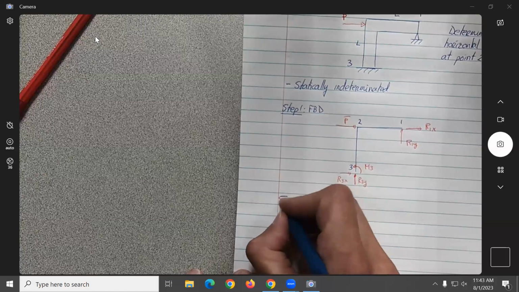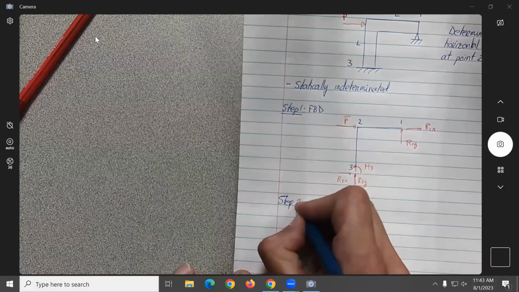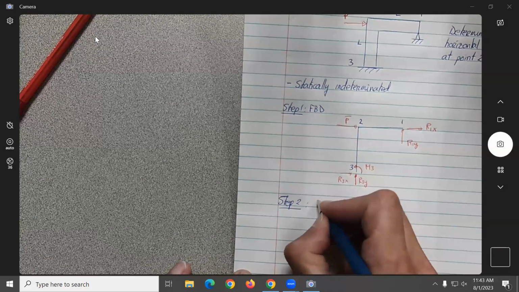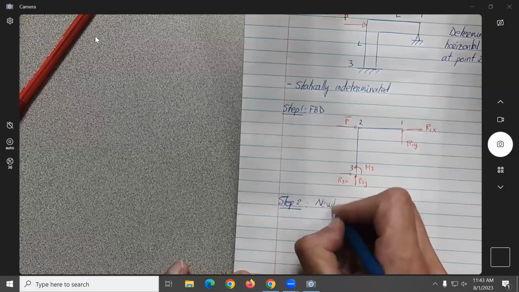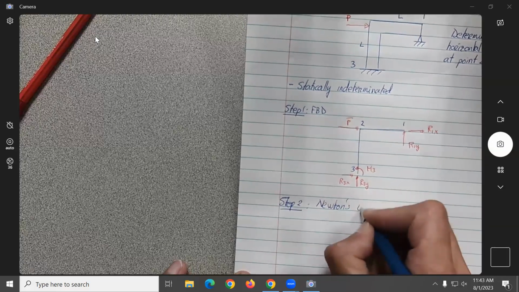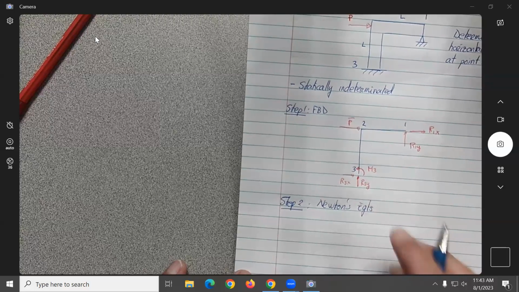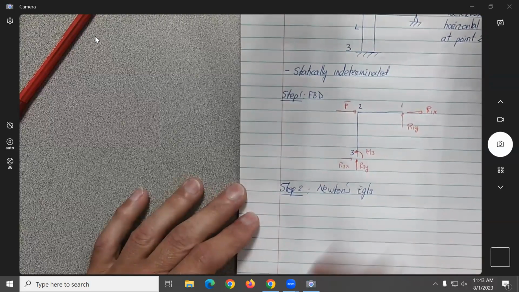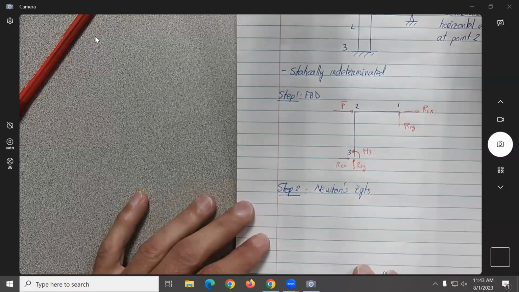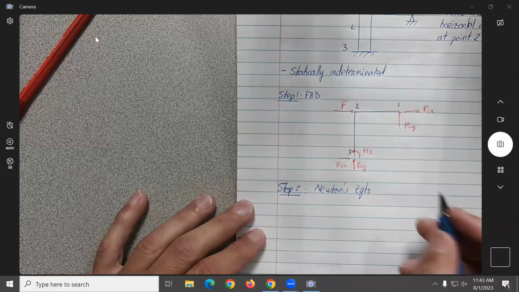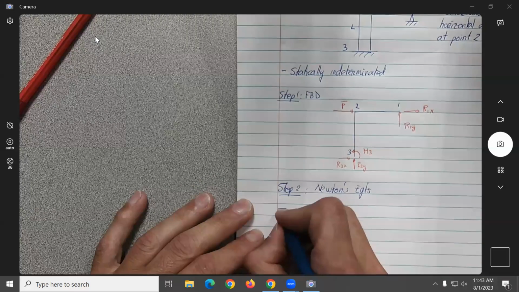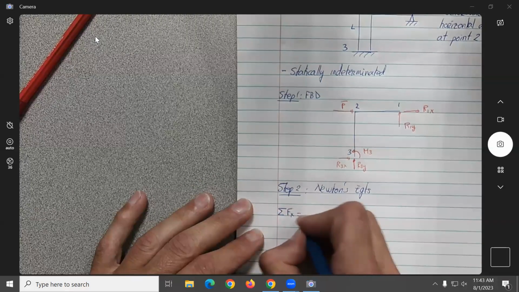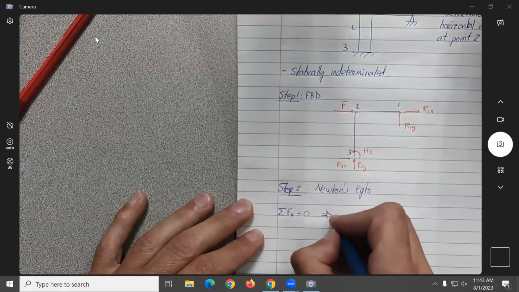So step 2: Newton's equations. Really, this step is not needed to solve the problem, but I want to follow a straightforward procedure. So the first thing will be to do what? Summation of forces in x equal to 0. So this will give you what?